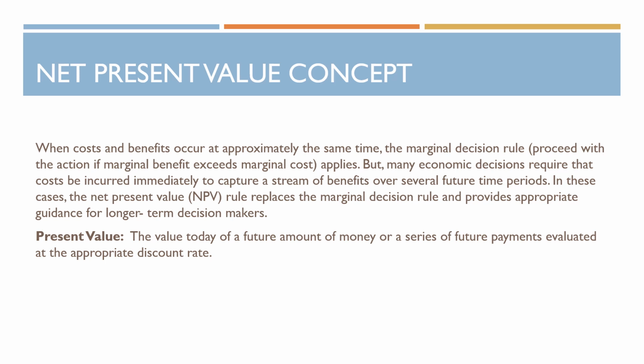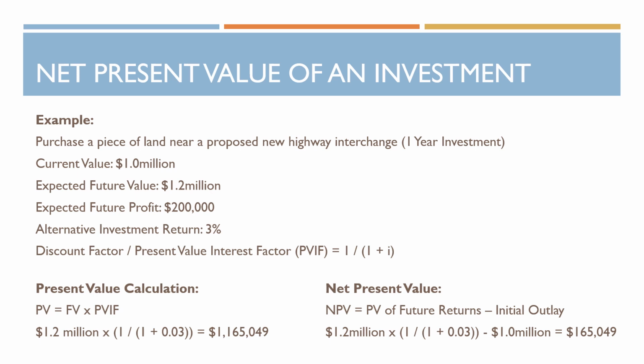Because of the depreciation of the dollar or inflation in general, the dollar earned 1 year later definitely will have less purchasing power compared to today's $1 million. And to calculate that, we can apply some very simple mathematical process to calculate the present value of a specific project.